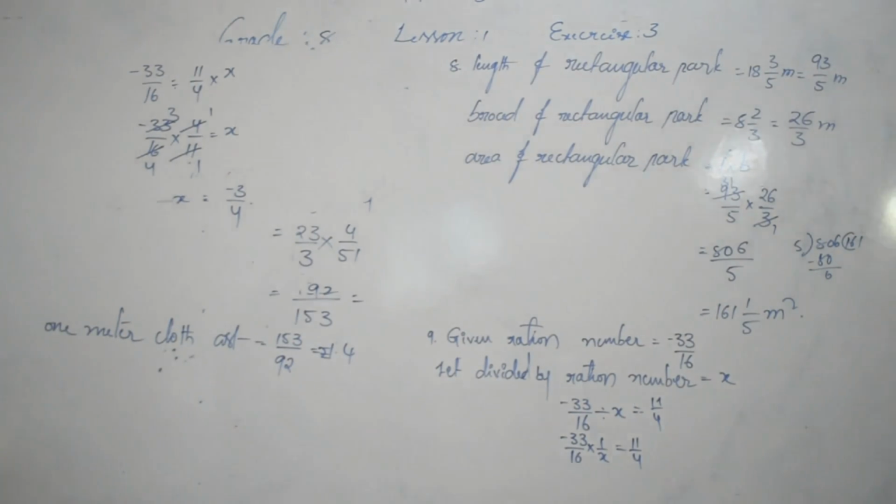Next one. If 36 trousers of equal size can be stitched with 64 meters of cloth, what is the cloth required for each trouser?